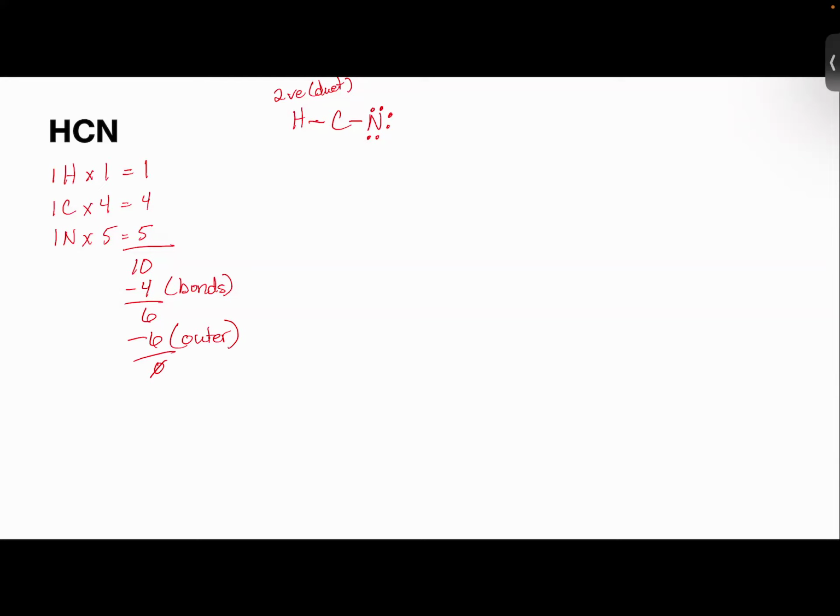Our nitrogen, we ensured had an octet because we gave it those 6 valence electrons. So it has 6 lone pair electrons and it has 2 electrons in the bond for an octet. But our carbon currently only has 4 valence electrons. So our carbon does not have an octet, and therefore this is not the structure for hydrogen cyanide.